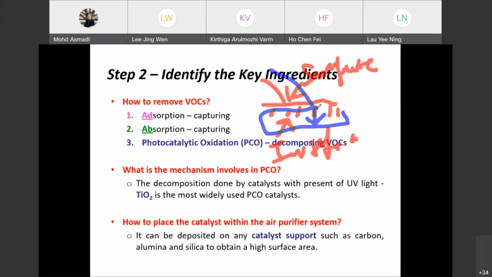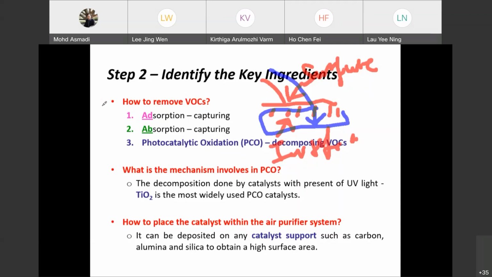The last choice is photocatalytic oxidation. After adsorption, we will decompose. Not really just adsorb, but they have a reaction and separation. Once they adsorb, they do some reaction and then turn into another product, or maybe another volatile.